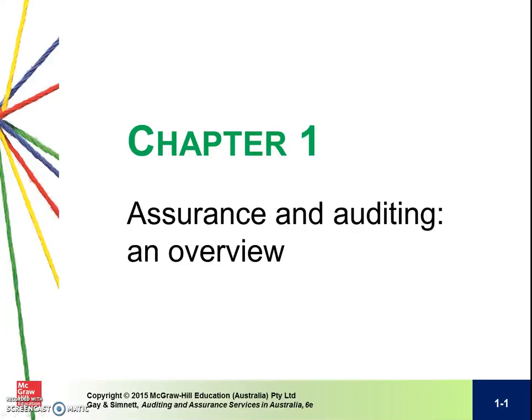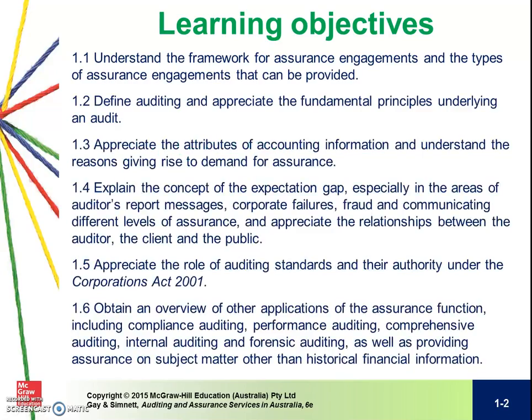Let's help you to recap what we have learned so far in Chapter 1, Assurance and Auditing, an Overview. As the title says, it is an overview, so we'll look at different concepts. Here are the 6 learning objectives. The keywords for these 6 learning objectives are framework, define, auditing, fundamental, principle.